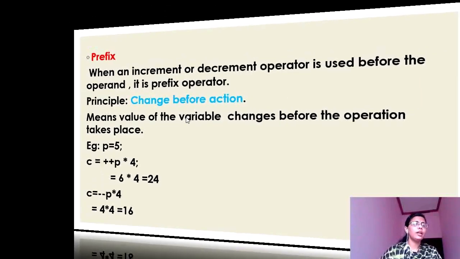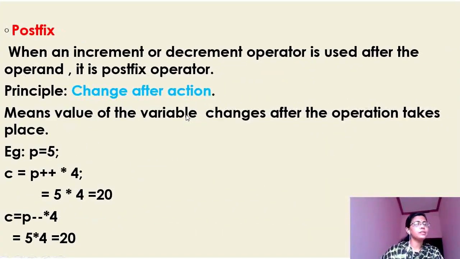Now we will go into the next one, postfix operator. Here, when an increment or decrement operator is used after the operand, okay, it is postfix operator. Now look into here, the principle behind it is change after action.